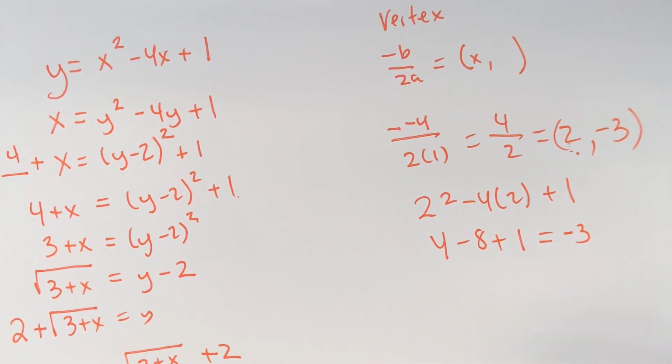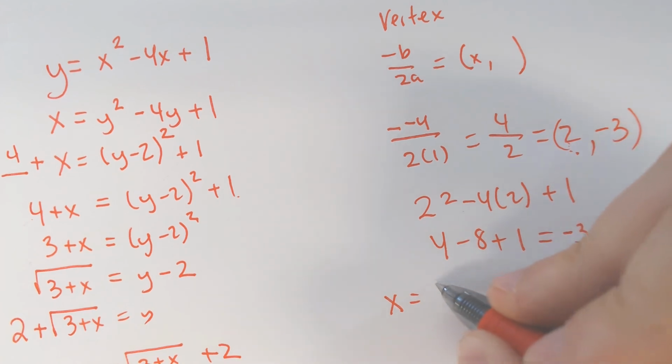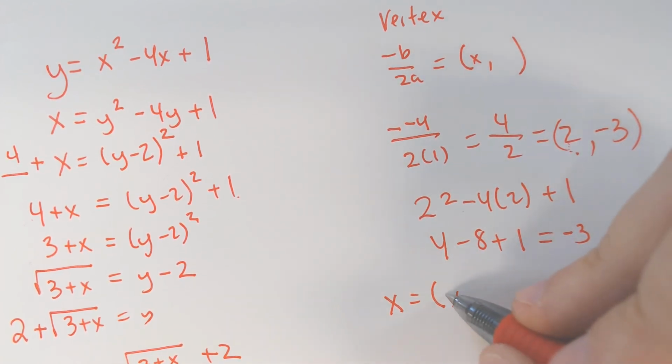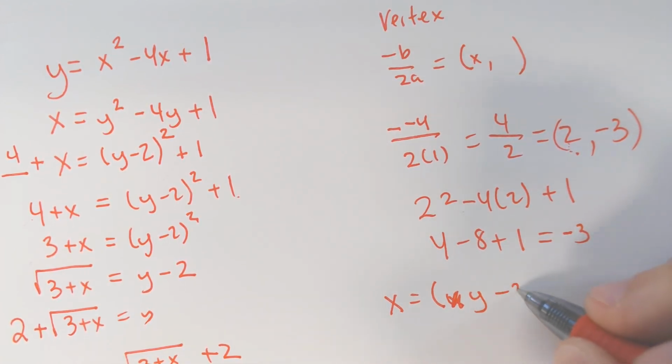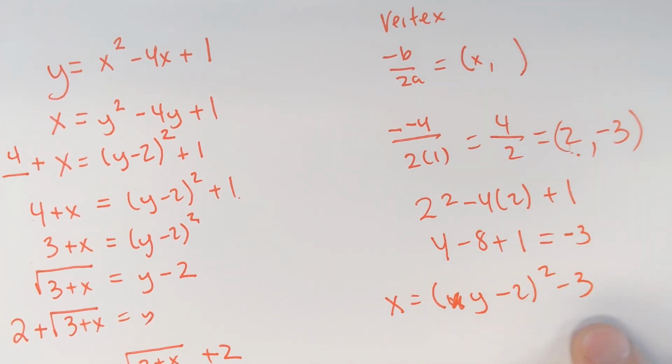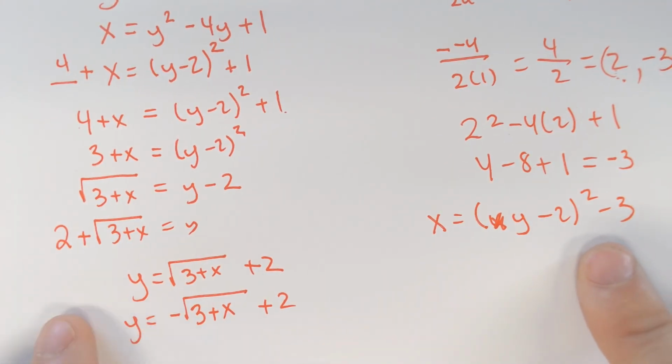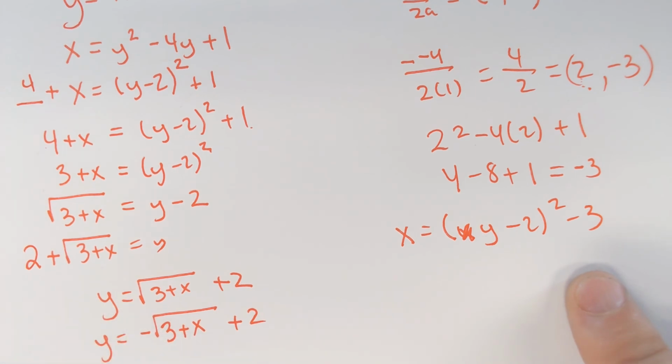And if we were to write our equation, it'd be x equals y minus 2 squared minus 3, which looks very, very familiar to the other things we just had.